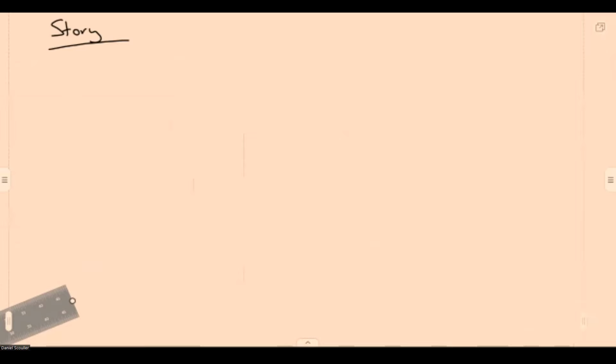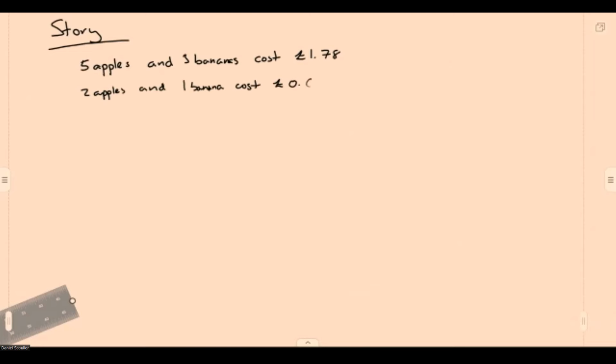So go into a shop, 5 apples and 3 bananas cost £1.78. Two apples and 1 banana cost 68 pence.